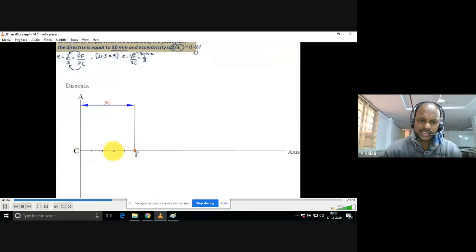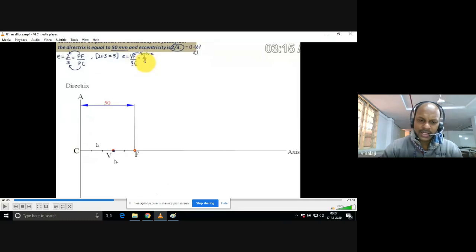You have to find the vertex point exactly 2 parts away from the focus. Remember, the numerator of eccentricity 2 by 3 is 2. From the focus you need to leave 2 parts and mark the vertex. V is nothing but the vertex.